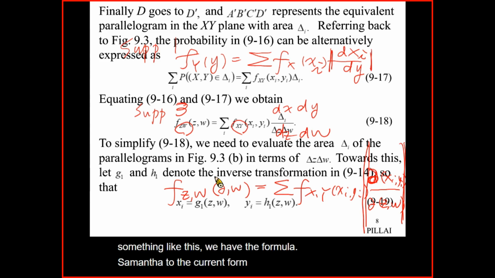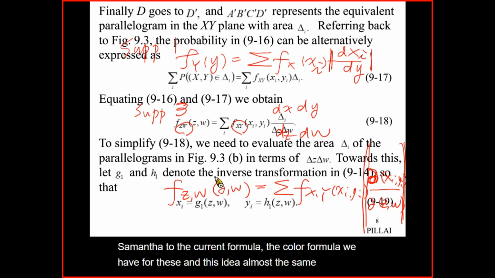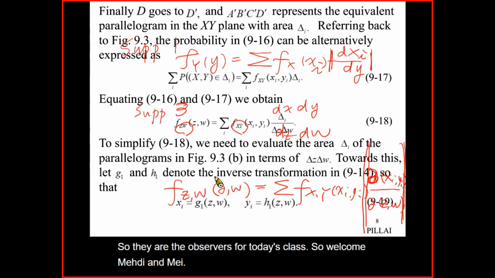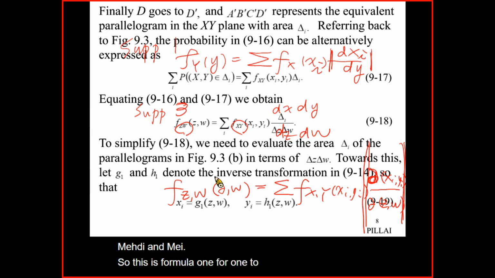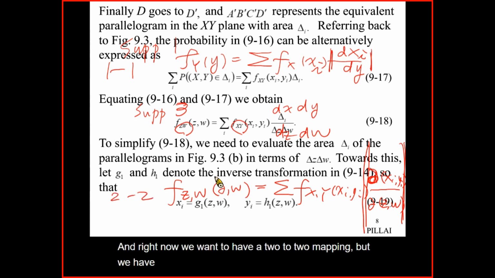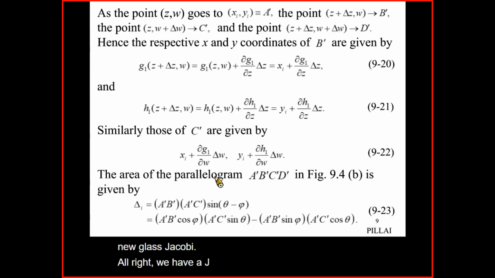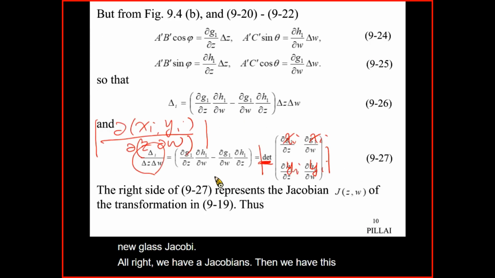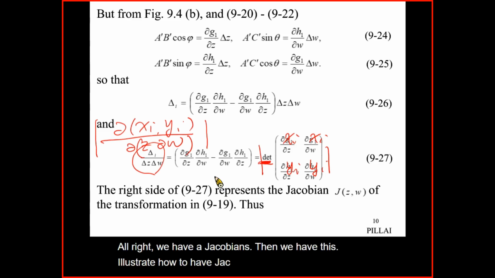And this idea is almost the same. So this is the formula for 1-to-1 mapping. And right now we want a 2-to-2 mapping. But we have the new formula, and the new formula needs to utilize Jacobians. If we have Jacobians, then we have this to illustrate how to have the Jacobian and take the absolute value sign. Well, that's it.